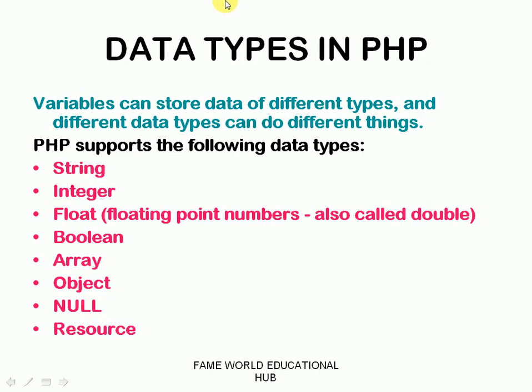But here, in the case of PHP, the things are different. All the data types are available here also. Even here are some new data types which were not available in C++, Java. Yeah, there are a few more new data types available in PHP, and we will go through them.